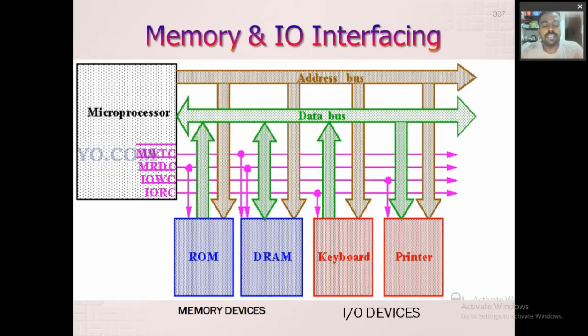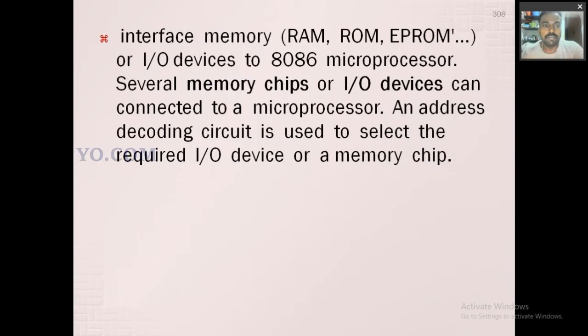Okay, so according to the device capability, we use different control signals. Those control signals control the operations of the particular integrated circuit. Along with these signals, we also use chip select, that is used to enable or disable the chip. Okay, this is memory and I/O interfacing.